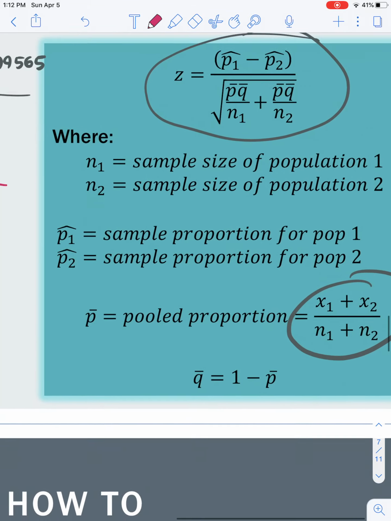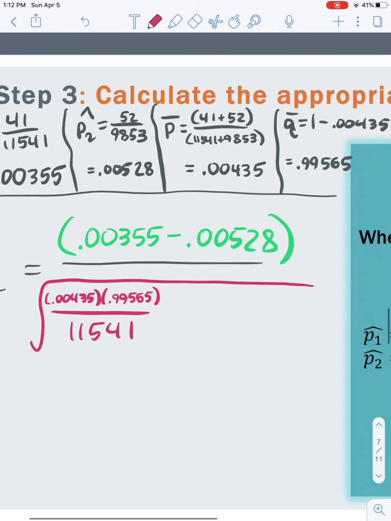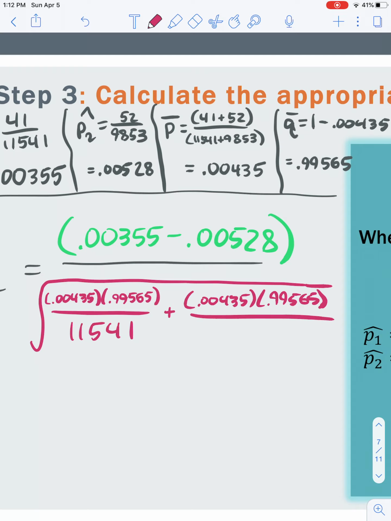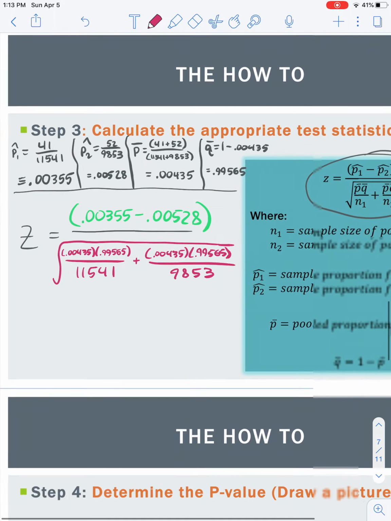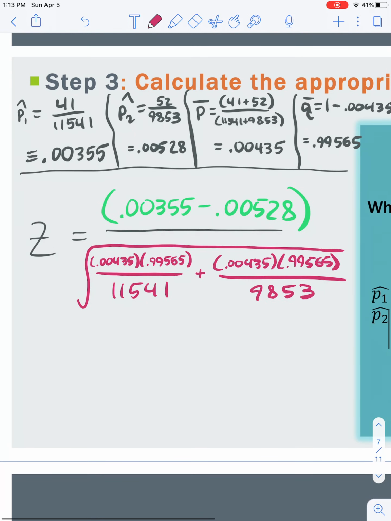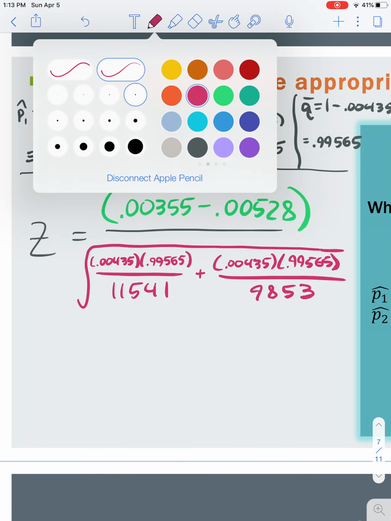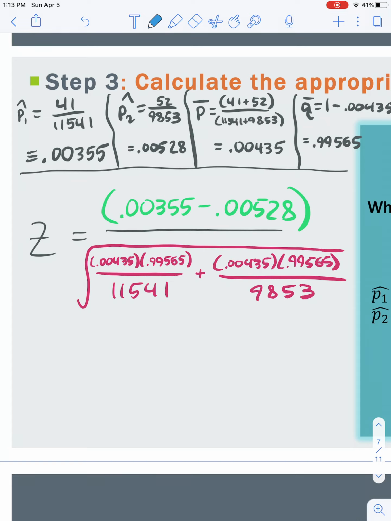And then plus, same top, 0.00435 times 0.99565. And then the other n on the bottom, which would be 9,853. And that's just a loaded problem here. So we're going to make sure we're really careful putting this in our calculator. Okay, z equals, I'm going to make sure there's parentheses around my numerator.